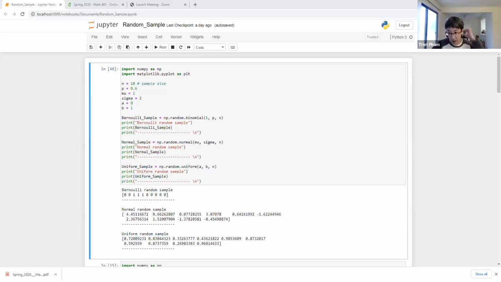Hopefully everyone is familiar with Python, or at least has some familiarity. If you have a Jupyter notebook, you can just import that and run it on your own computer. No guarantee on the efficiency of my code. I'm not writing cutting edge computer code. I'm just demonstrating the statistical ideas.